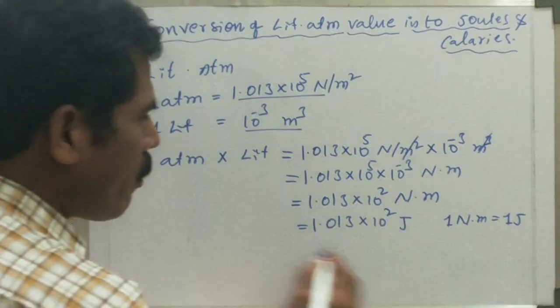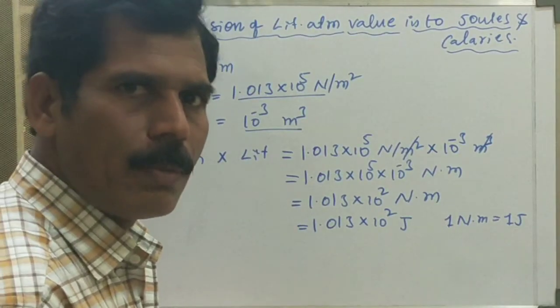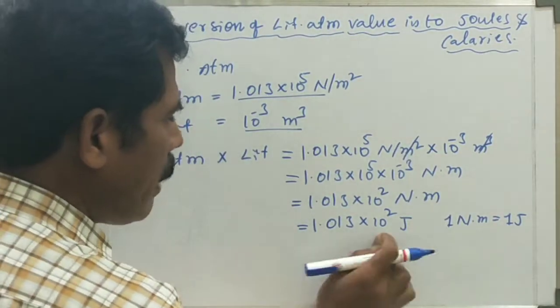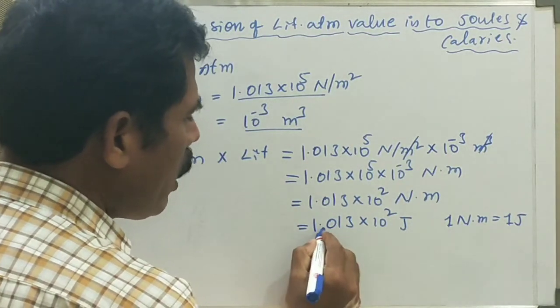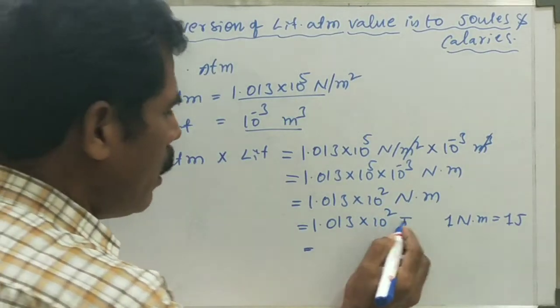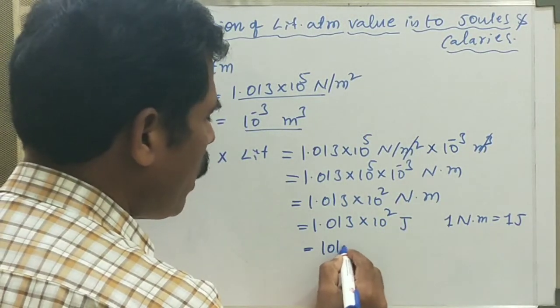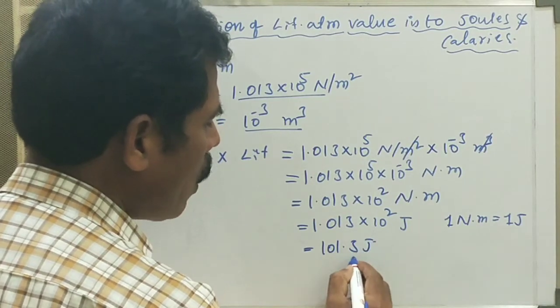The final value of 10 to the power of 2 means 100, so we can simplify: the point moves, and we get 101.3 joules.